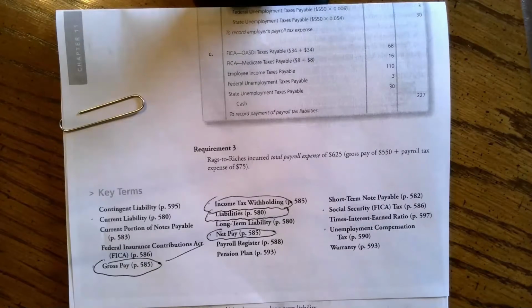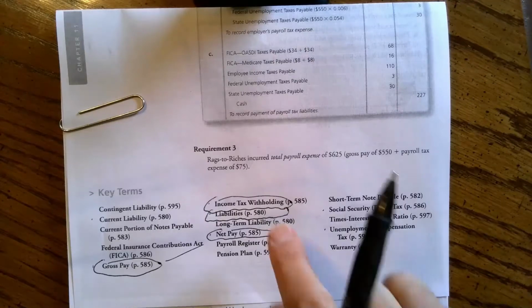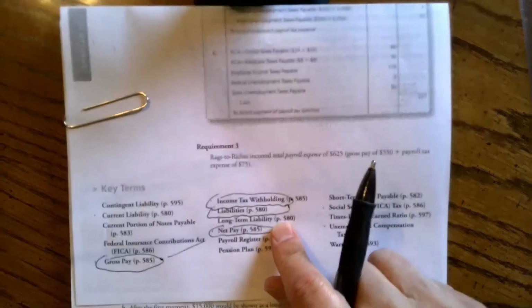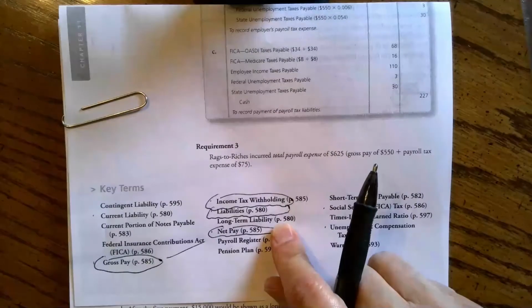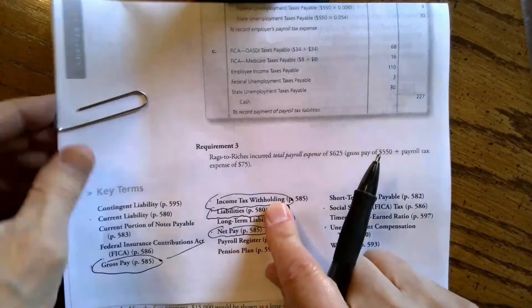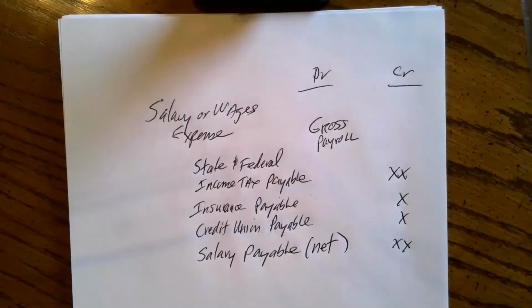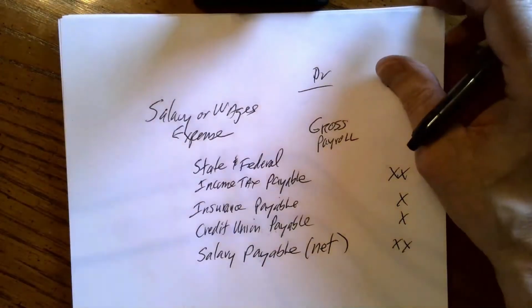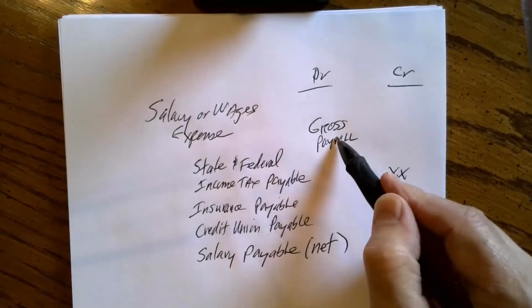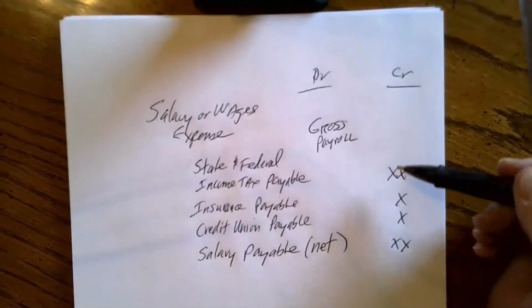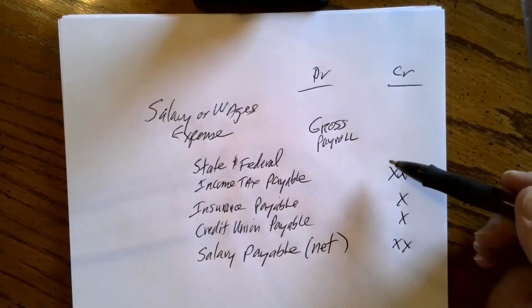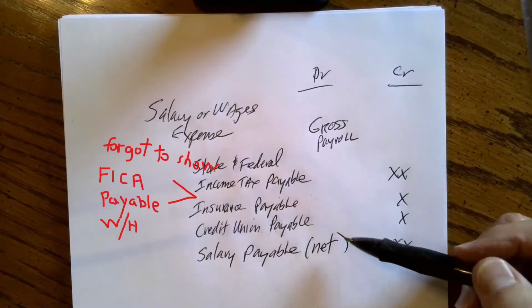There are three major journal entries related to payroll that you need to be very familiar with in this chapter. These items are the subject of the first payroll journal entry, where salary or wages expense are recorded gross. Several withholdings are made from the net pay.